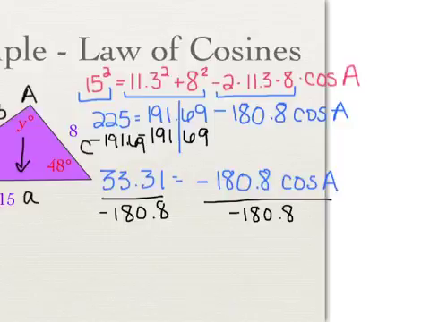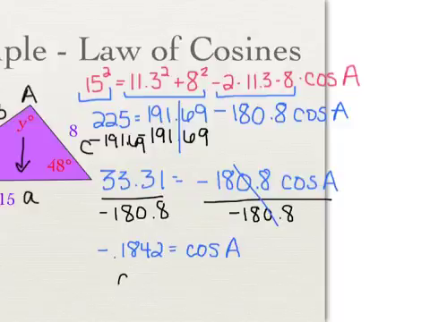Okay, and I get negative 0.1842. And now that equals cosine A. Okay? Now what? Yeah, I'm looking for the angle, right? So I'm going to do inverse cosine.